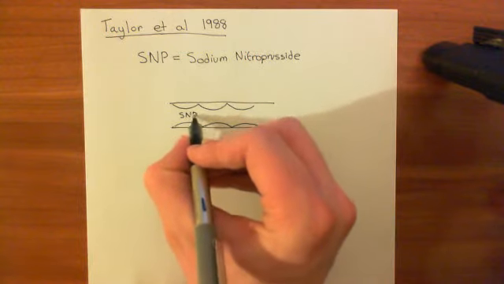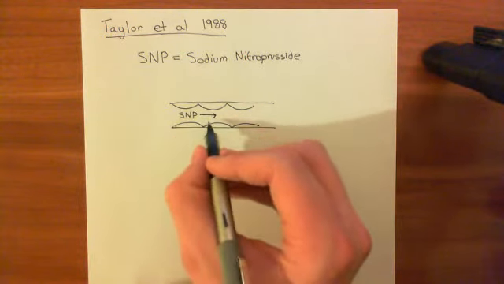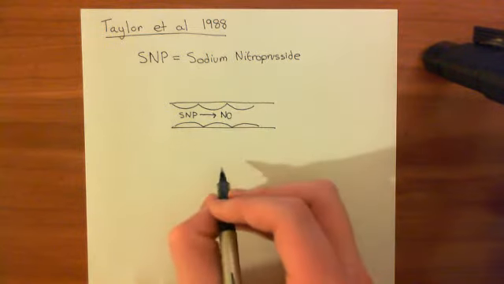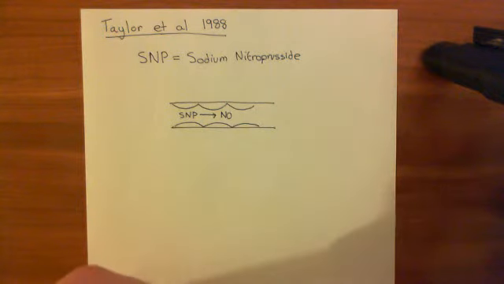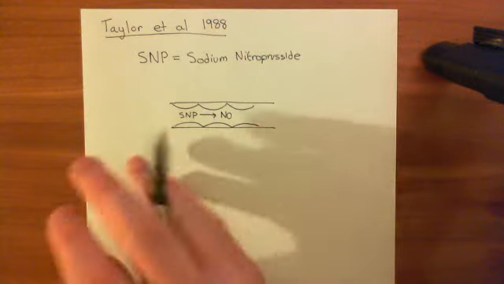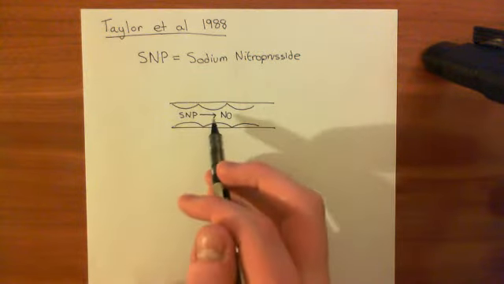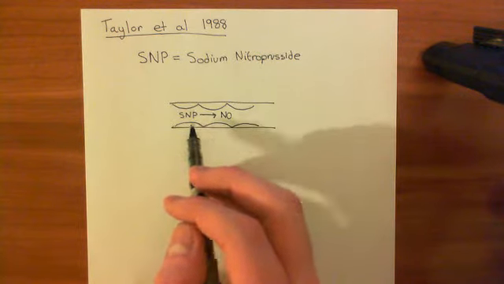And what's going to happen is this is going to start producing nitric oxide. So it will undergo a chemical reaction, and in this chemical reaction it produces nitric oxide. So if you give this drug, it will cause the production of nitric oxide outside of the endothelium, basically. It doesn't involve the endothelium at all. So this basically is a way of producing nitric oxide without stimulating the endothelium.